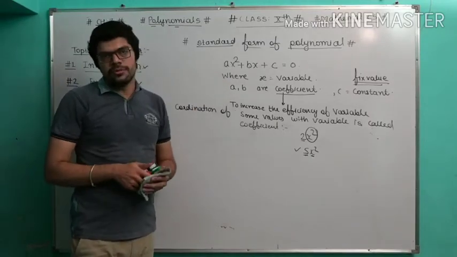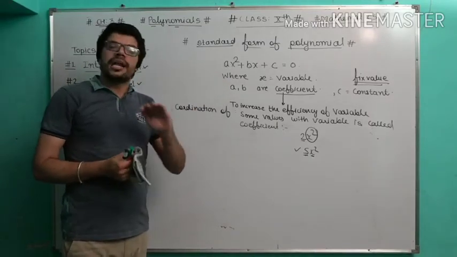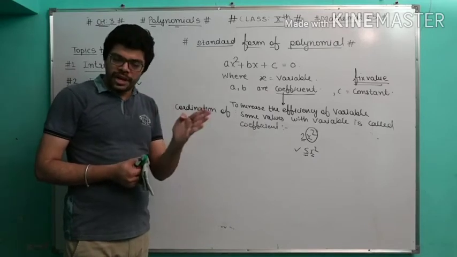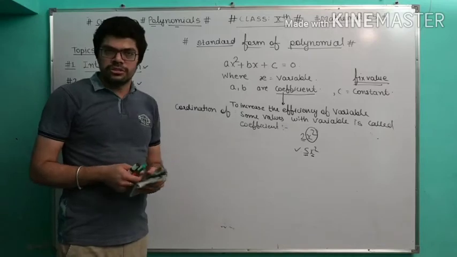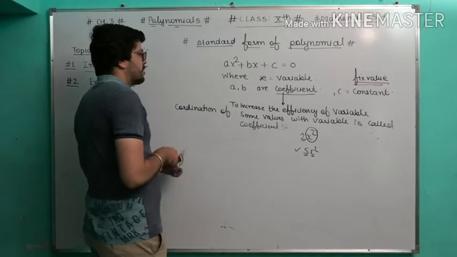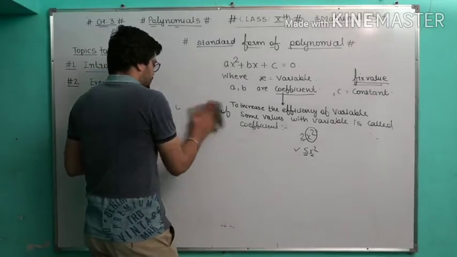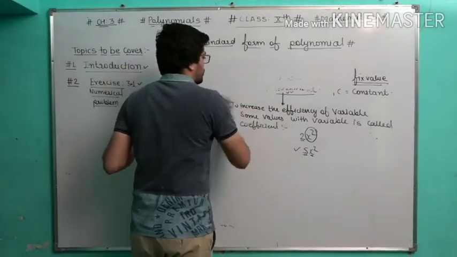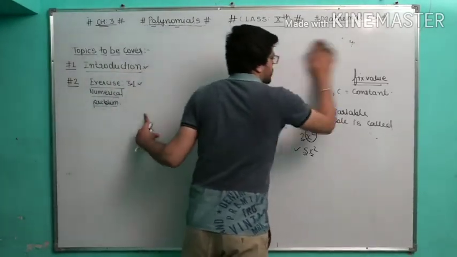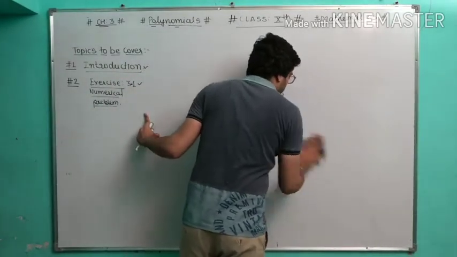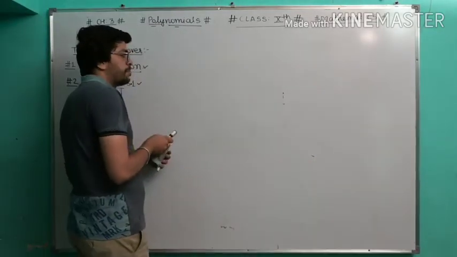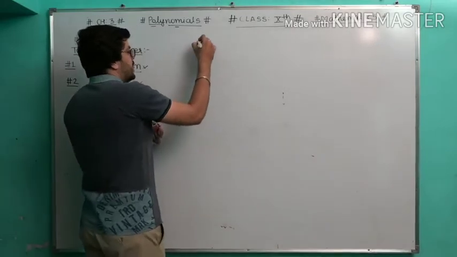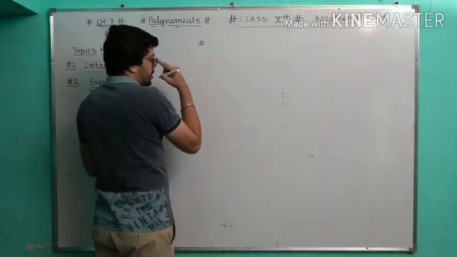Now we are going to talk about what the formulas are, how they came, and how we are going to use these formulas in different questions. Okay, so let's start. First we are going to talk about the easy things, the key criteria of polynomial.